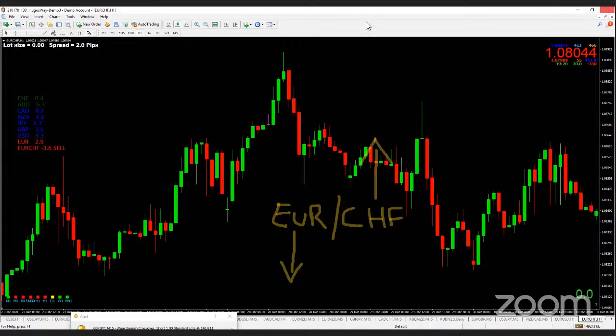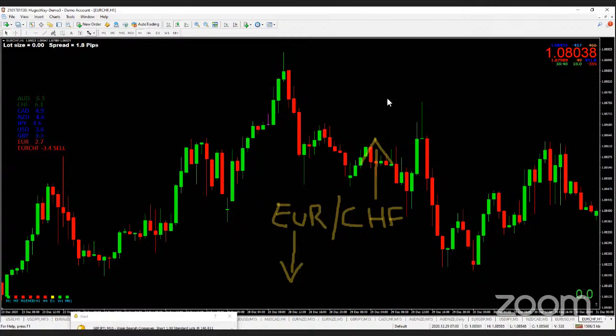Let's stick with CHF, which is currently strong, as opposed to going with the euro. Let's go with USD. We are going to skip pound. Well, pound and euro are kind of related until the Brexit. So let's go with CHF USD.